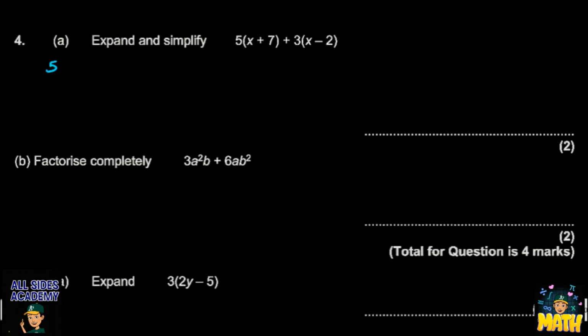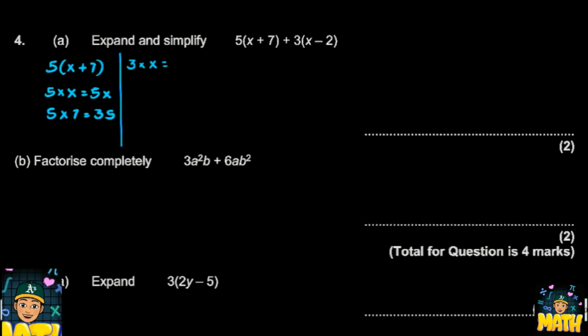Expand and simplify. We start with one bracket at a time. I'm going to start with expanding the first bracket, 5x plus 7. So 5 times x, and then 5 times 7. And on the other side, I have 3 times x, and then 3 times negative 2.